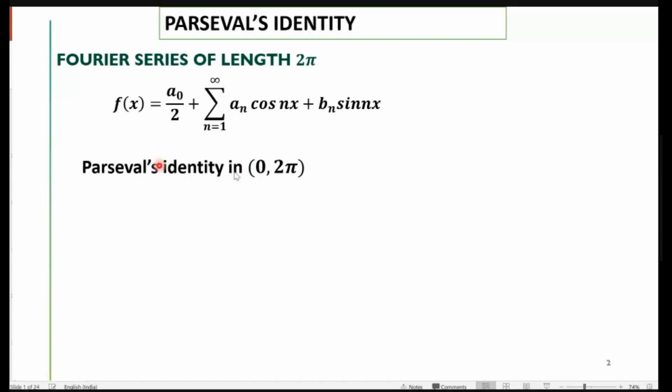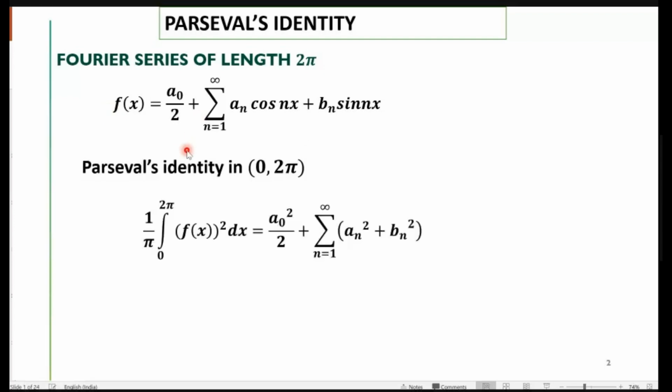When you multiply by f of x and then take the integration, it reduces to this form. Since the function is defined in 0 to 2 pi, we will have integral 0 to 2 pi, and since I'm multiplying the whole equation by f of x, we will get f of x the whole square.